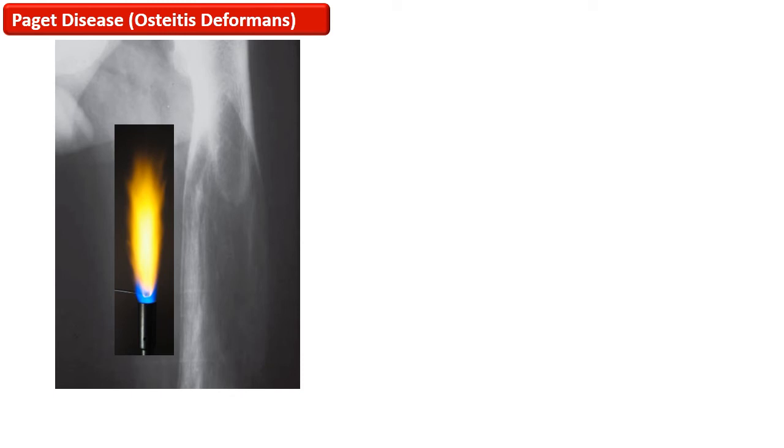This X-ray is showing dissolution of the cortex, and the diaphysis is increased in diameter. There is a wedge-shaped resorption of the cortex, and this resorption is forming a flame-like structure within it, and this is termed the flame sign. This flame sign is characteristic of early Paget's disease.